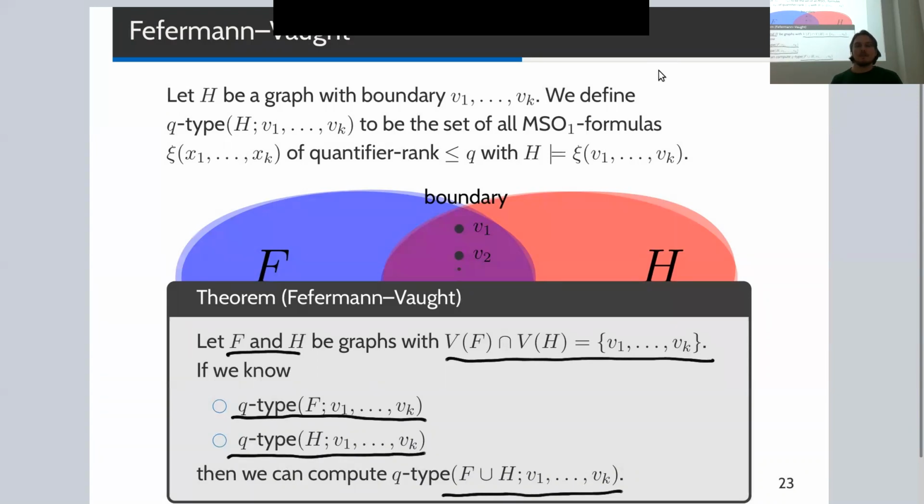So this sounds a bit strange, but you don't even need to look at the graph F or H itself. The only thing you really need is to look at the Q-type. And if you know those two Q-types, this contains all the information that you need to know to combine the types and get the type of the union of the 2 graphs.